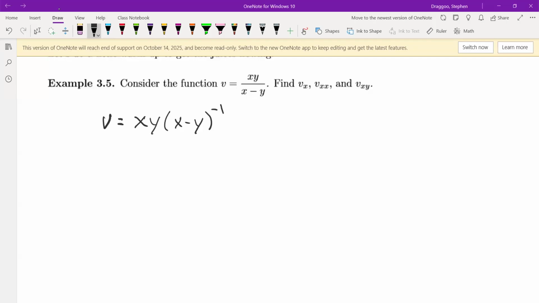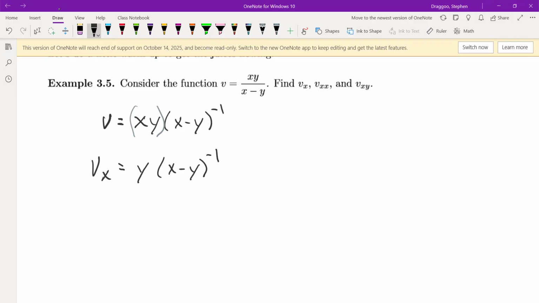For starters, I'm going to rewrite my function to be xy times x minus y to the negative 1, so that I can use the product rule instead of going with the quotient rule. So if I take derivatives here, I have a product. I get to treat y like it's a constant because I'm only doing an x partial. So I have xy times x minus y to the negative 1. Now, the product rule says that I should first take the derivative of function number 1 while leaving function number 2 alone.